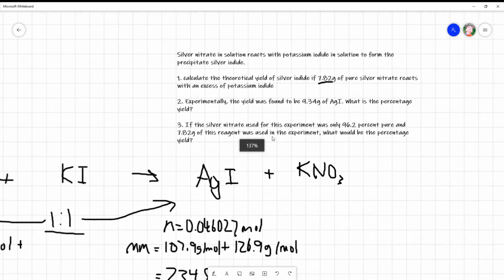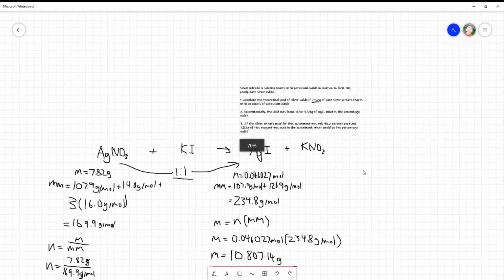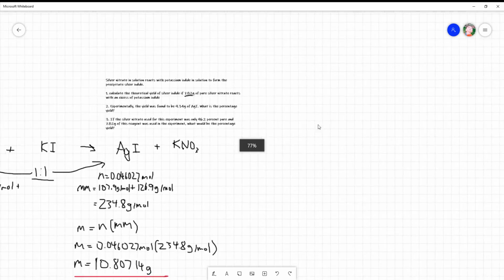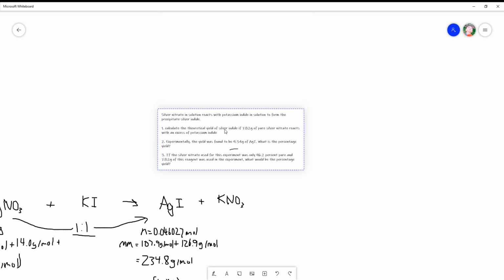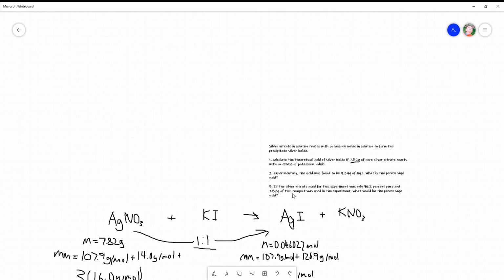So now the second question is, experimentally, the yield was found to be 9.34 grams of silver iodide. What is the percentage yield? So to find the percentage yield, we will need the experimental yield and the theoretical yield, and those are both given to us.